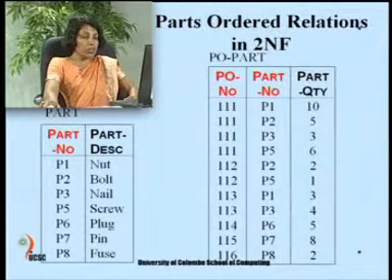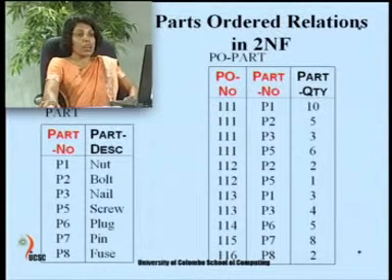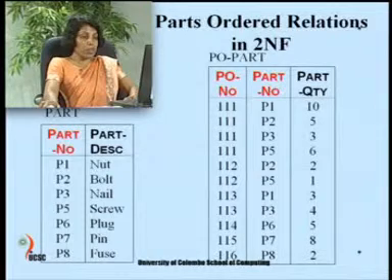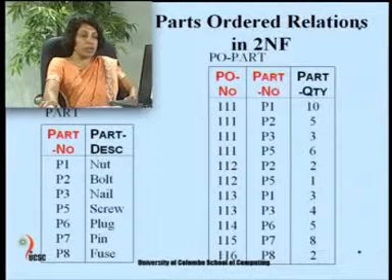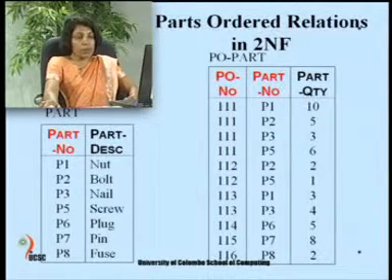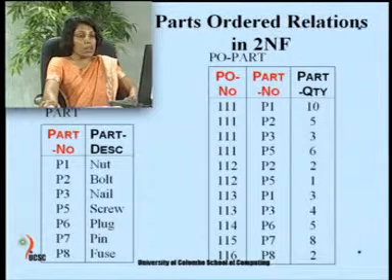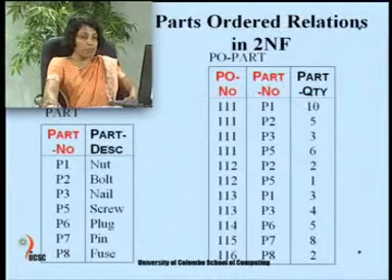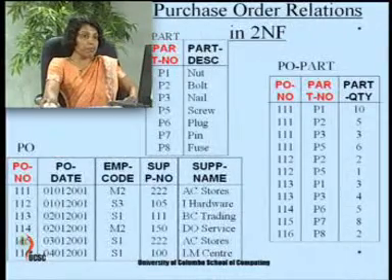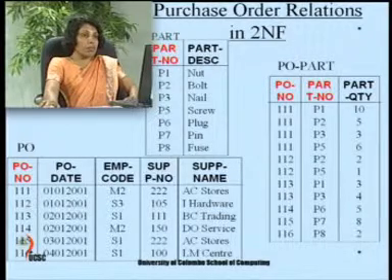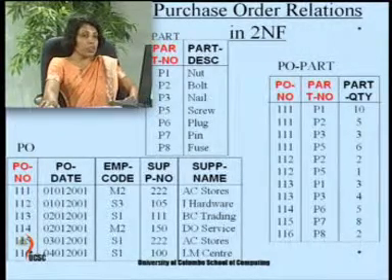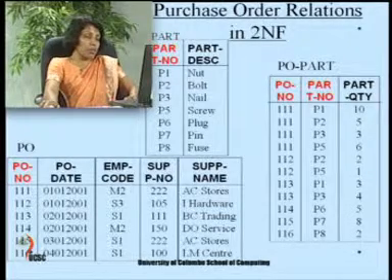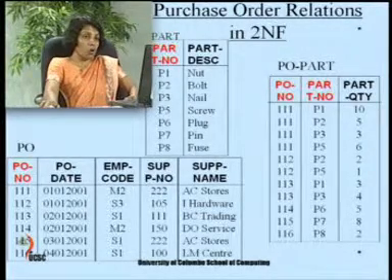So after going through the second normal form, we have decomposed the purchase order part relation into two relations, part and purchase order part. Part will have part number and part description, and purchase order part will have part number, part quantity and purchase order number. This is how the purchase order relation will look after going through the second normal form.